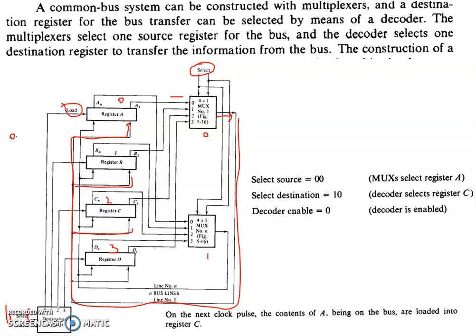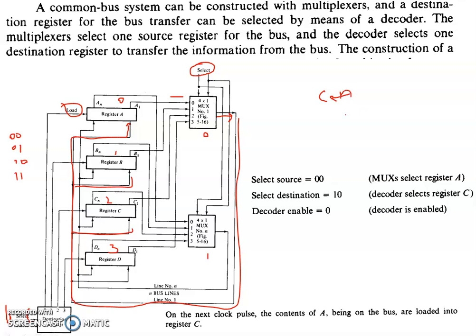A register is 0 0, B register is 0 1, C register is 1 0, and D register is 1 1.